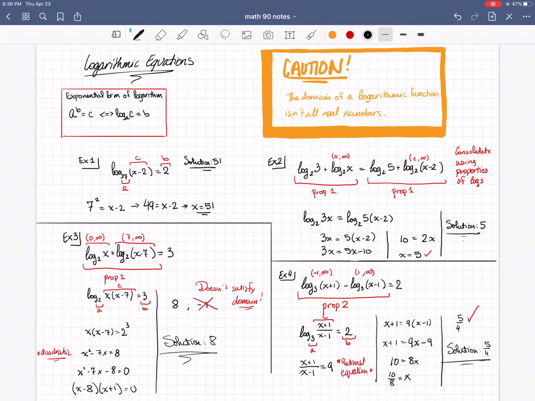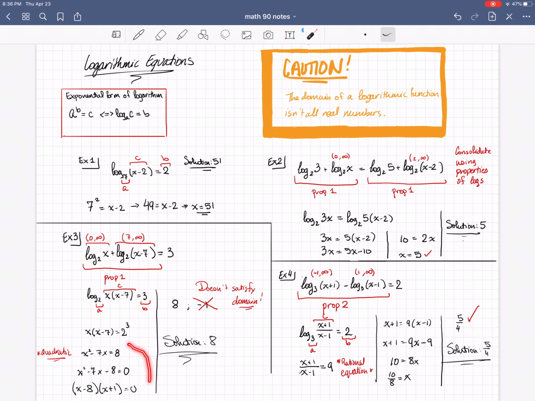And thus, we finish our conversation about solving logarithmic equations. So I just want to recap. Use properties of logarithms to consolidate into 1 log per side if needed. Once you've done that, use the exponential form to rewrite your equation in a way that doesn't have logs in it.